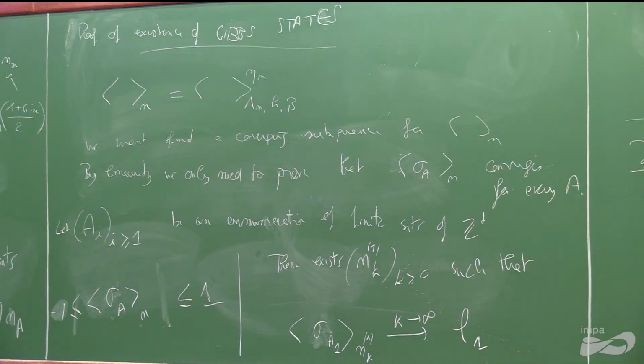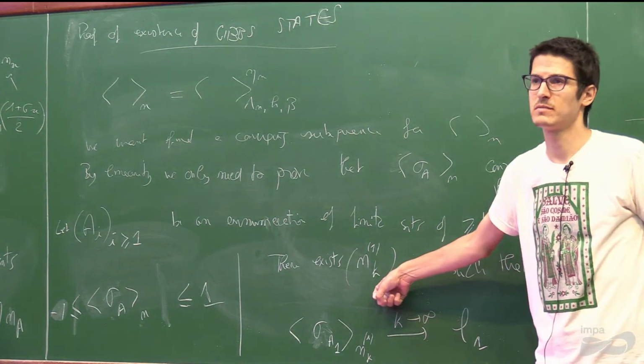Now I want to make sure that it converges for every A. So if I want a sequence that converges for A1 and A2, what I will do is extract a subsequence from this first subsequence.